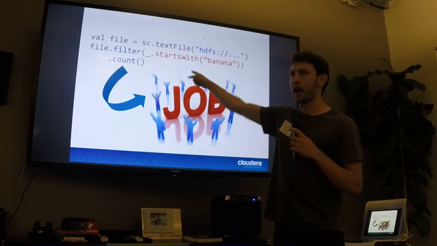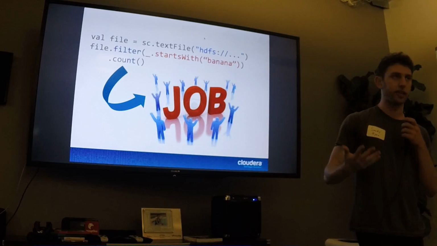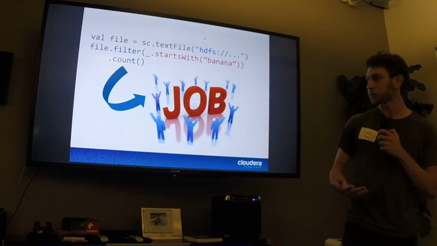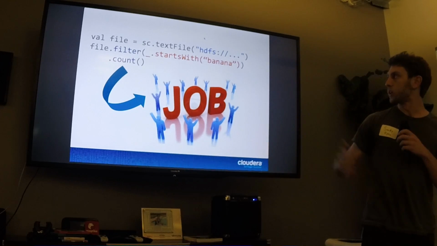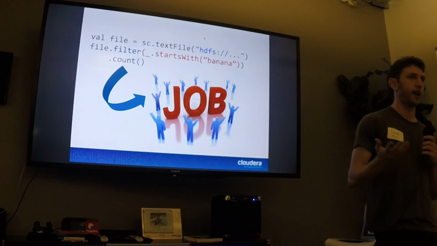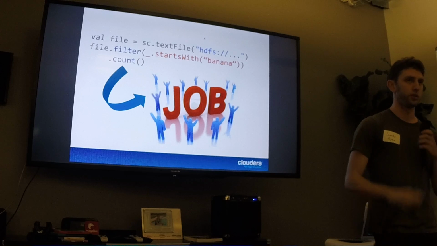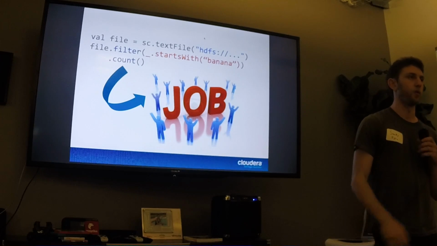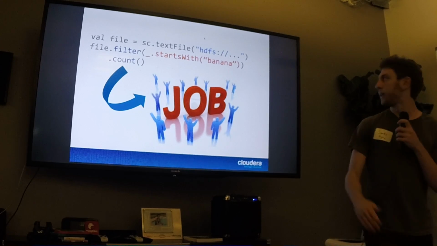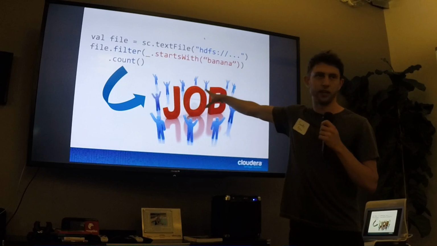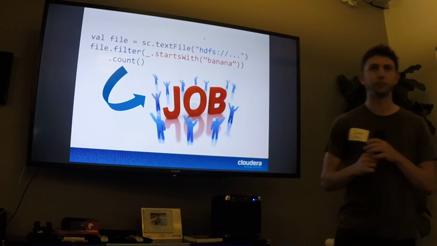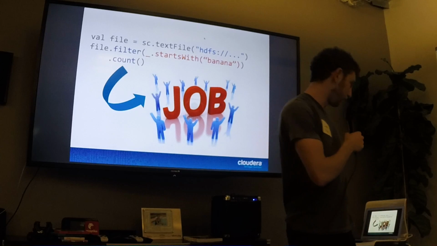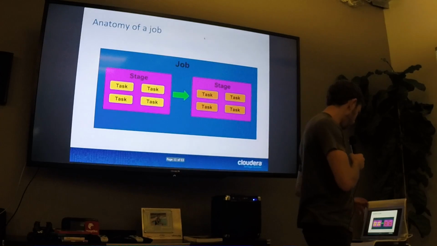Finally, we run count, which is an action, and now Spark needs to get its act together. Instead of just a plan, it needs to run some stuff on the cluster. So whenever you run an action, such as count, such as reduce, which is different than reduce by key, or save as Hadoop file, something like that, Spark launches a single job on your behalf. So one action, one job. A job is composed of some smaller components.